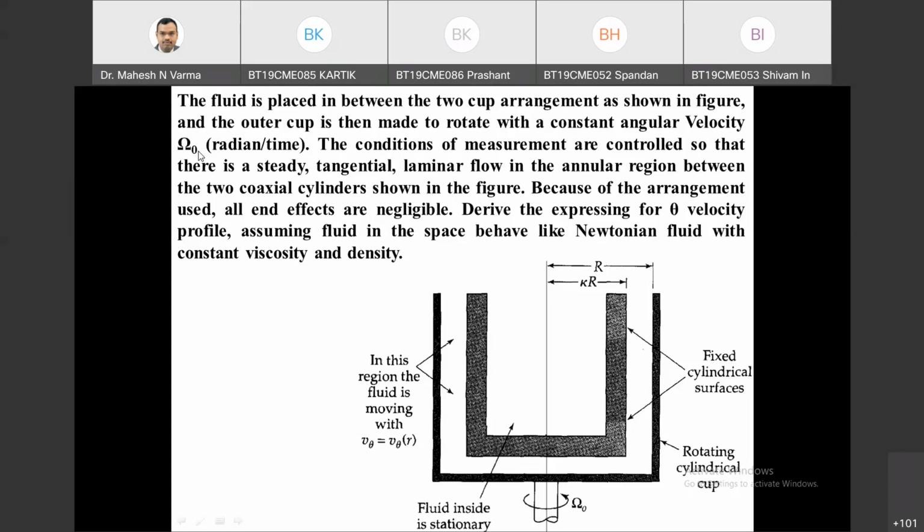First of all, before solving the problem, you need to define the problem. So what exactly the problem is, you need to understand first, and then you will go for the solution. Take down this problem carefully.